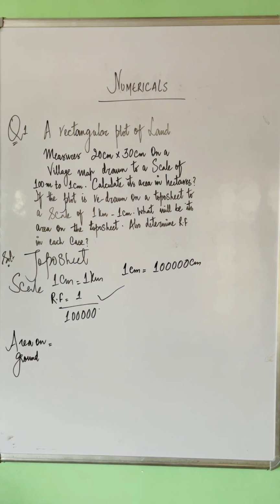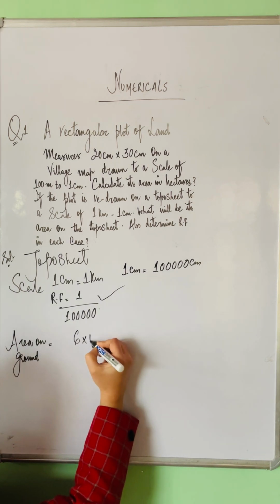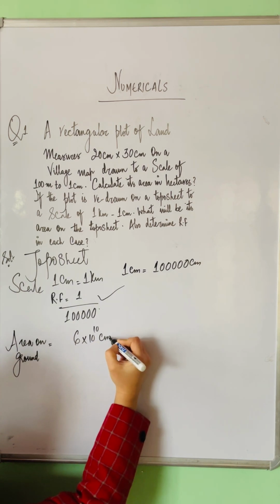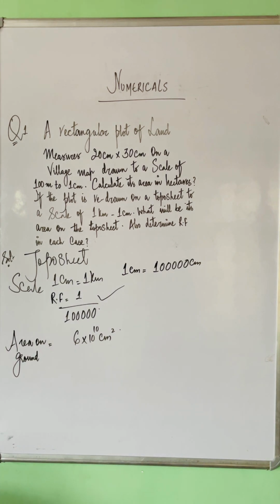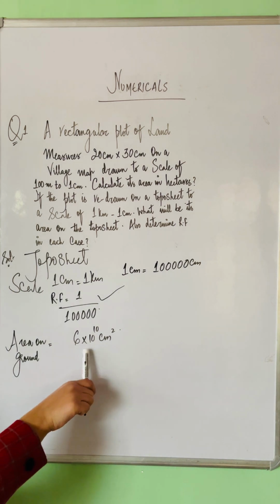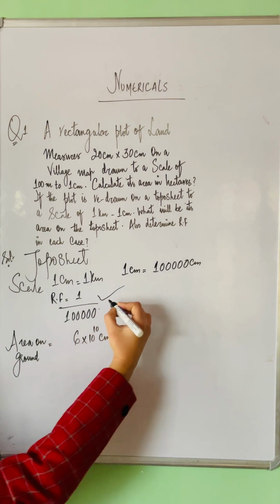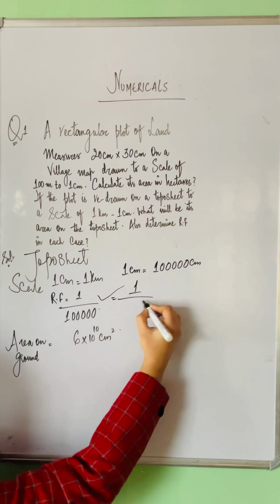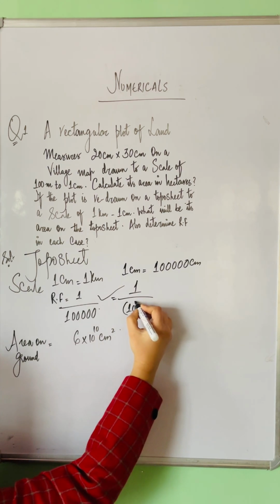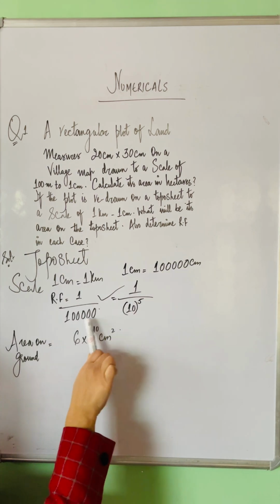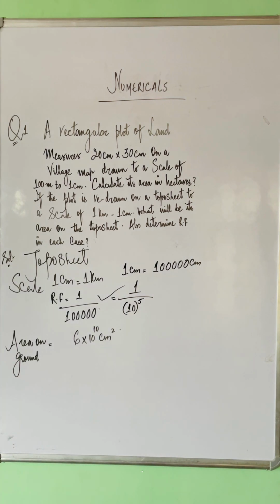But if I have to report it in centimeter square, how much was it? It was 6 into, right? It was this much centimeter square on the ground, right? And here if I may report by representative fraction, it's so, right? So what will be its area on topo sheet?